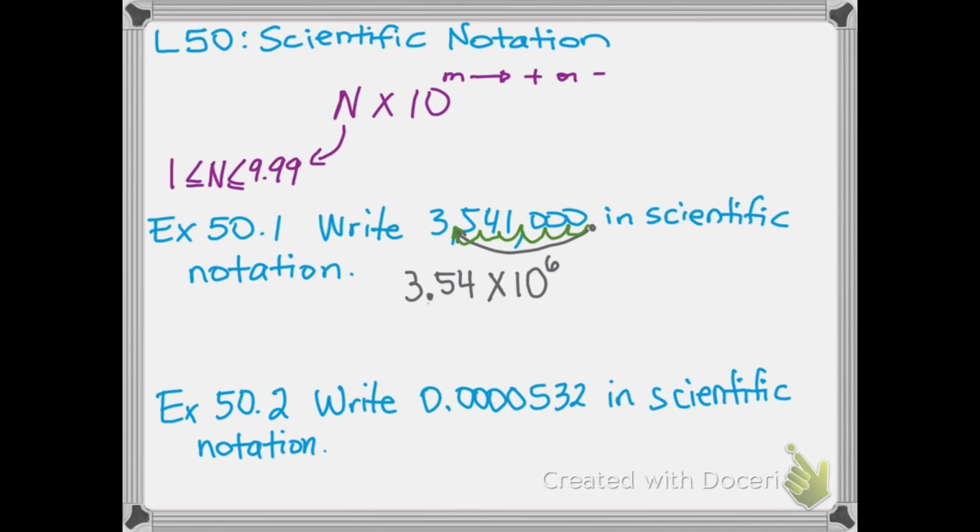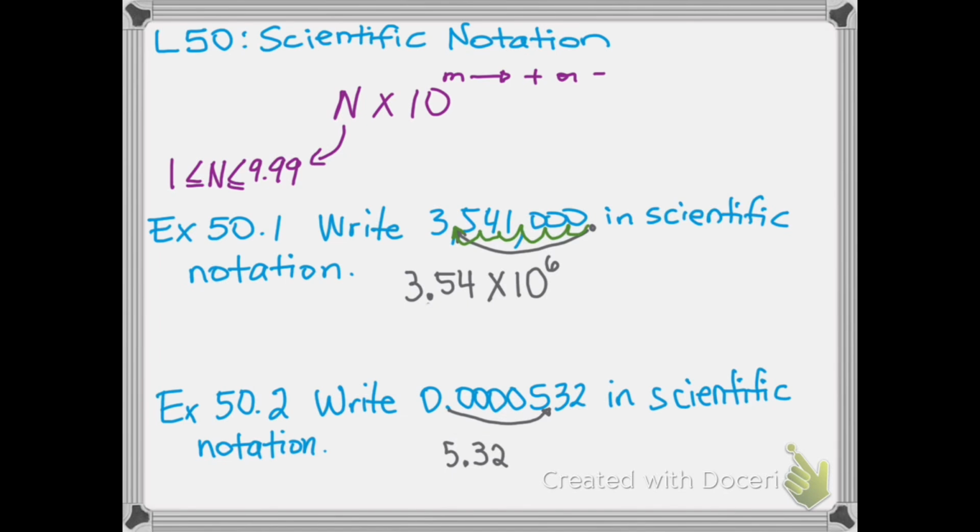The second example says, write 532 10 millions in scientific notation. So what we have to do is, again, move this all the way here. Now notice, I want the point in between the 5 and the 3. I don't want it after the 3 or after the 2, because then it would be a number bigger than 9.99.